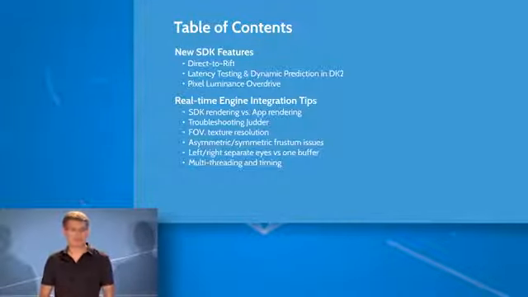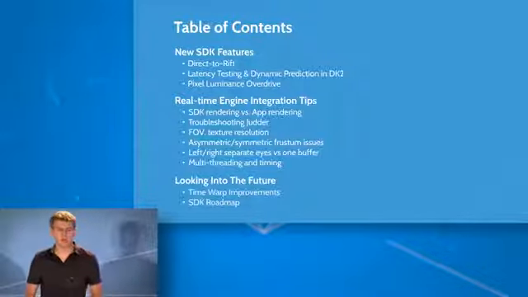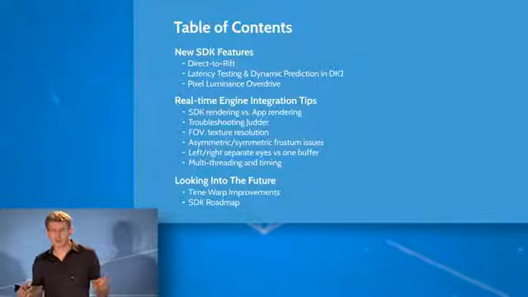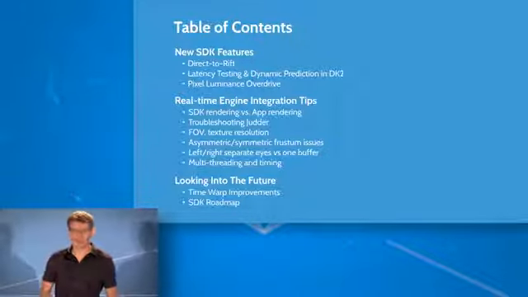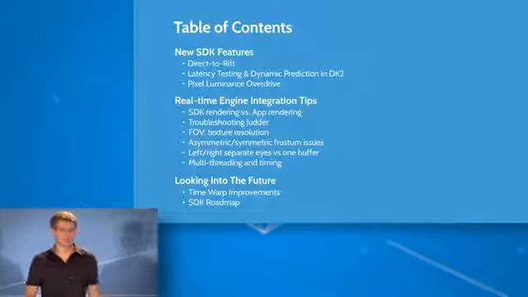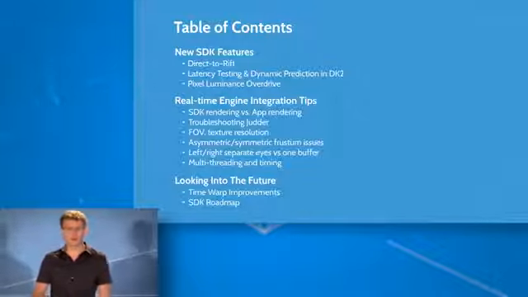Also talk about SDK rendering versus app rendering and so on. And finally, we'll talk about some things that can improve the whole thing going forward. So there'll be a discussion of time warp and our near-term and slightly longer-term roadmap on the SDK side.